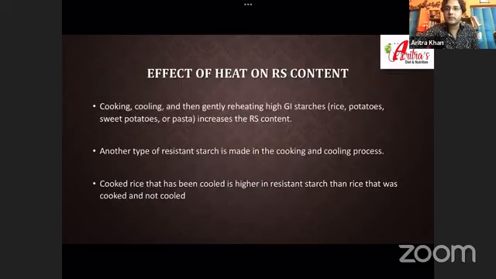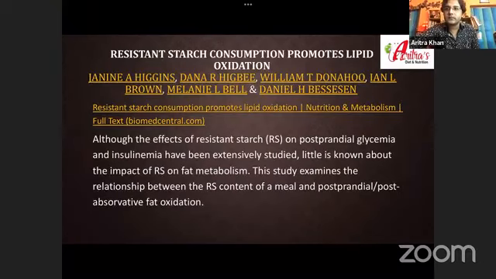And if we go back to the previous slides, there are several Japanese studies, Indian studies also published, where the effects of resistant starch on postprandial glycemia and insulinemia have been extensively studied, and this is known for the fat metabolism.